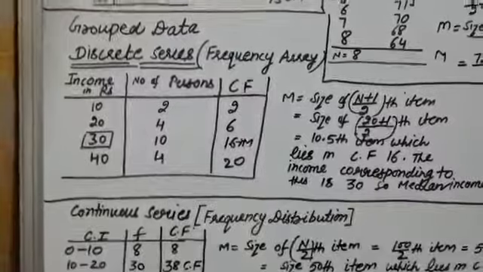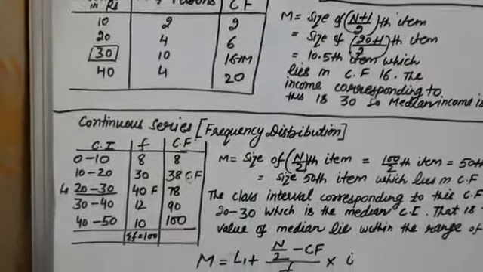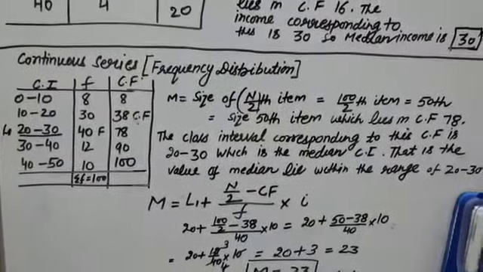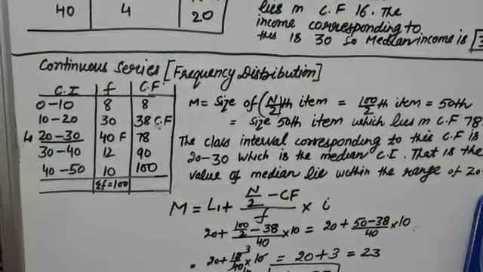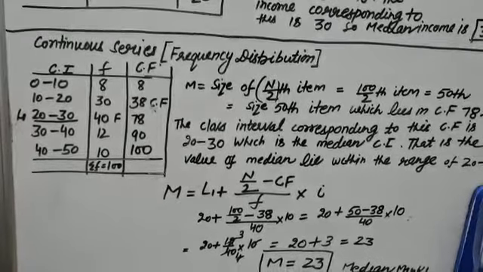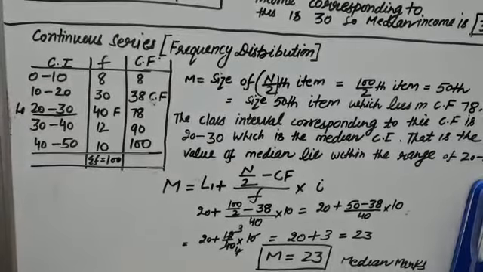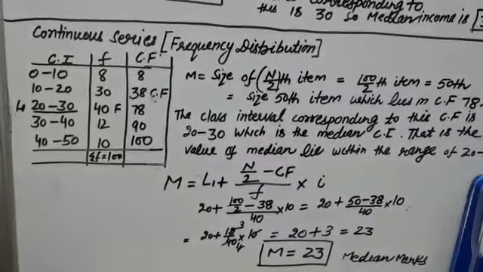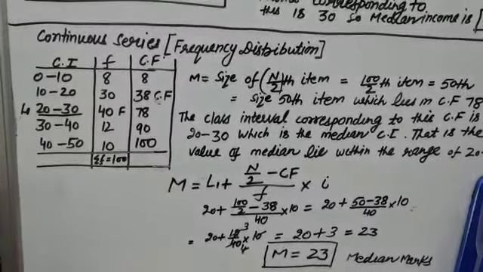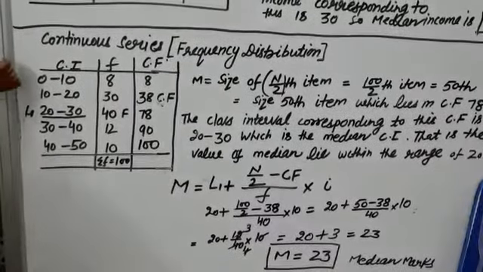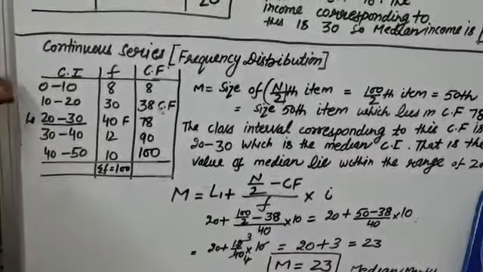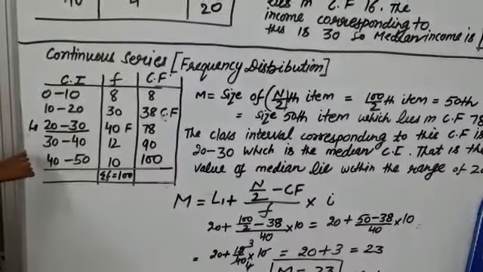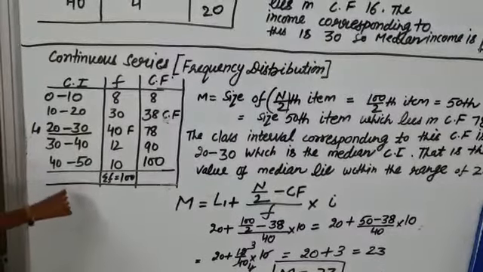Now continuous series. In case of continuous series, the data are first arranged in ascending order. Then we do calculations. So here the class intervals are given, that is 0 to 10, 10 to 20, 20 to 30, 30 to 40, 40 to 50.